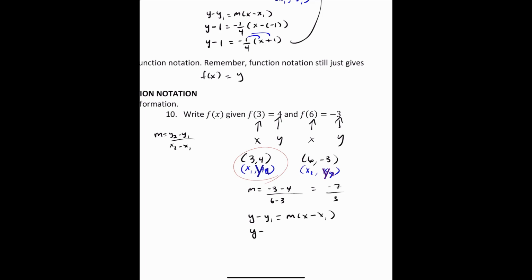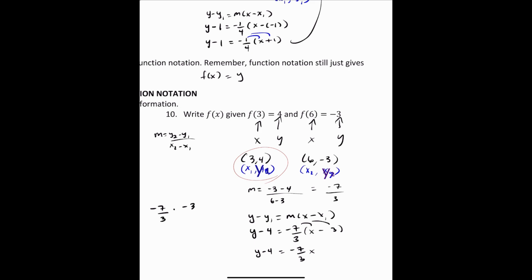So y minus my first y, which is 4, equals my slope, negative 7 over 3, times x minus my first x, which is 3. Then I distribute, so I have y minus 4 equals negative 7 over 3x. And then negative 7 over 3 times negative 3, which I'm going to write over here.